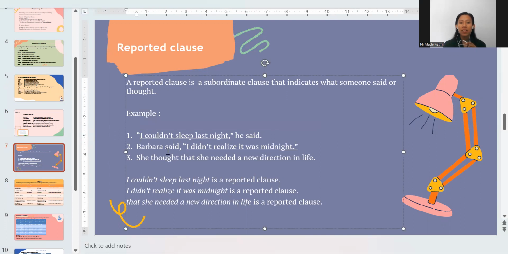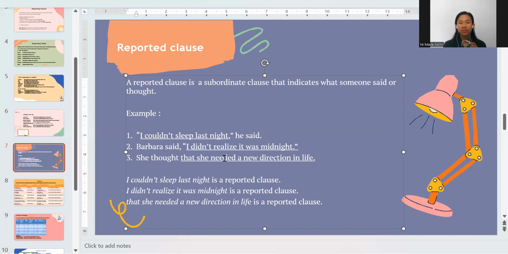The second one: Barbara said, "I didn't realize it was midnight." So "I didn't realize it was midnight" is called the reported clause. The third one: she thought that she needed a new direction in life. So the reported clause is "that she needed a new direction in life," because that is the part being reported.